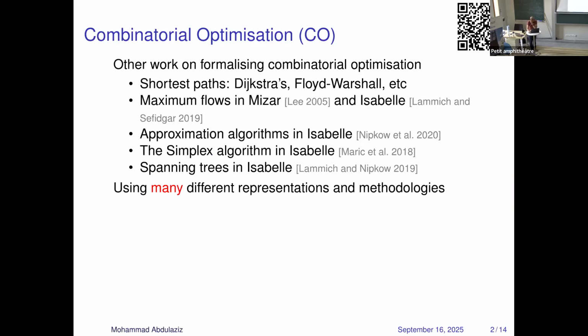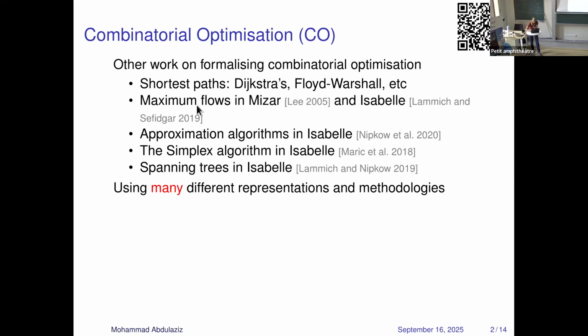Before I continue, I want to say that this isn't actually the first effort to formalize combinatorial optimization. It's one of the earliest areas of theoretical computer science that people ever tried to formalize. So you have algorithms for shortest paths like Dijkstra's algorithm and Floyd-Warshall that were done before, of course. There are flows algorithms that were done in Mizar, approximation algorithms for optimization problems, and algorithms for linear programming.